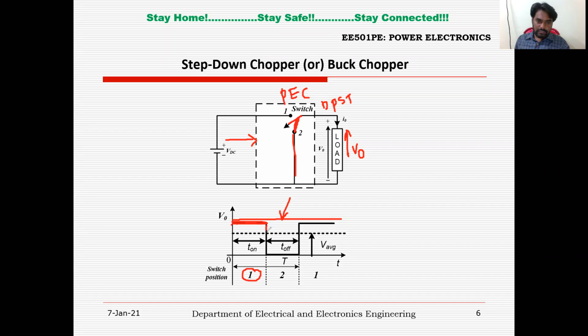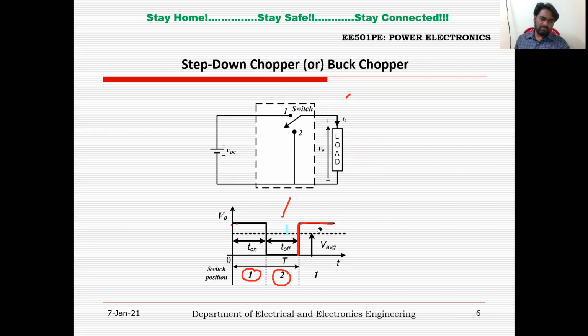So when the switch is at position number 2, you will get 0 voltage across the load. That is called the off time period. Similarly, to get some voltage across the load, move the DPST switch to position number 1, and to get 0 voltage, move to position number 2. Like that, you can achieve it with the help of a mechanical switch, right?